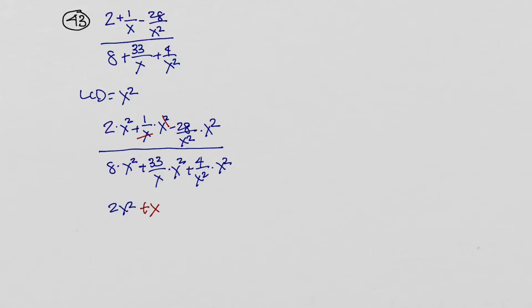So we'll get a minus 28 times 1, which is just minus 28 over, now nothing cancels with the first one, 8x squared. And here, this x will cancel with one of those, right? So let's do that. This x here will cancel with one of those, leaving us with 33x. And then this x squared will cancel with that one. Those cancel, and we're left with this 4 times 1, which is the 4.